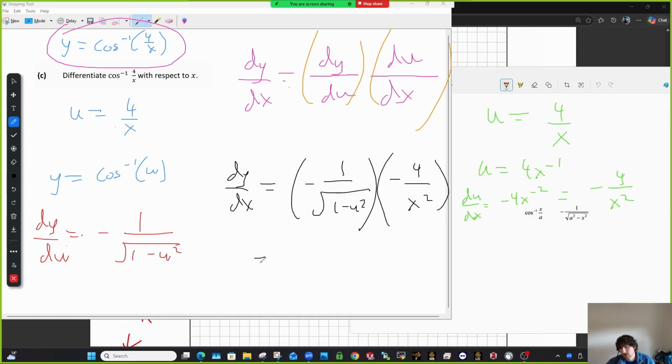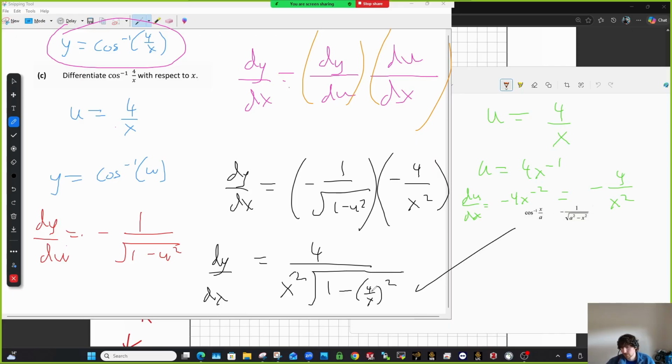We don't leave our answer like that. We swap u out with what it originally was up here. And so our final answer for dy dx will be minus, we can multiply out the top. It's easily done. It'll just be a plus 4 on top. And then it's an x squared here multiplying a square root of 1 minus 4 over x squared. Cool.